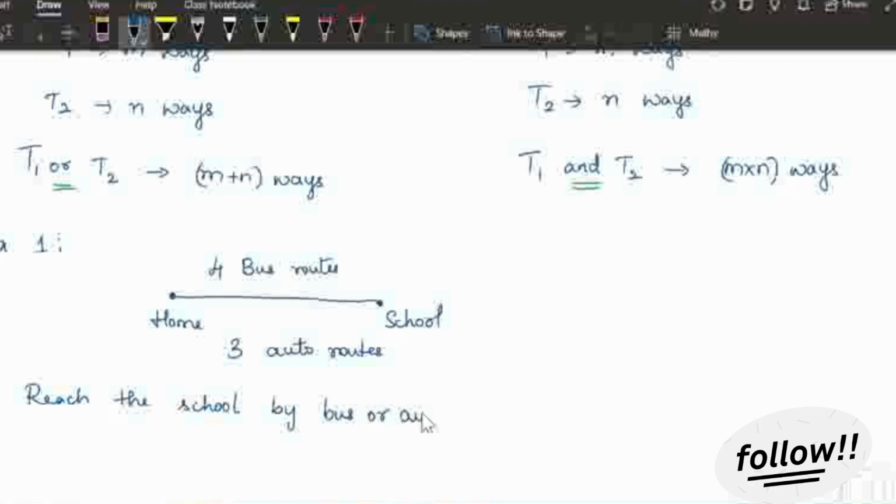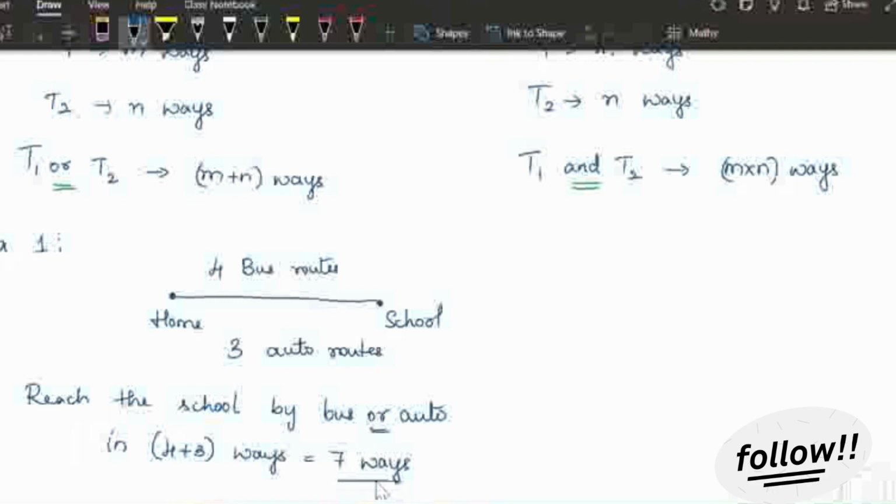So we are using the word bus or auto, in how many ways? 4 plus 3 ways, which is 7 ways. It means there are 7 different choices for him to reach from home to school. If he wants to go by bus, there are 4 different choices. If he wants to go by auto, there are 3 different choices.